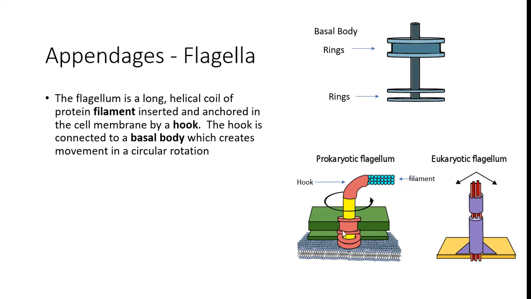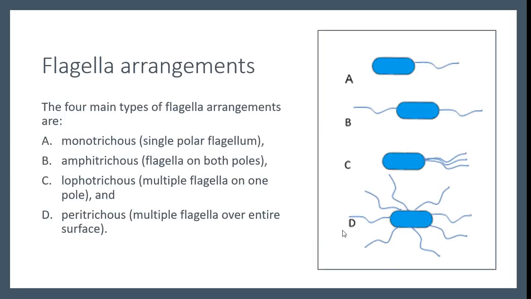Now, if a bacteria has a flagella, because again, this is found on some, but not all bacteria, the arrangement can vary. So here you see in letter A that we have one flagellum coming off of one end or pole, and that is known as monotrichous. In B, there are flagella on both ends, and so we call that amphitrichous.